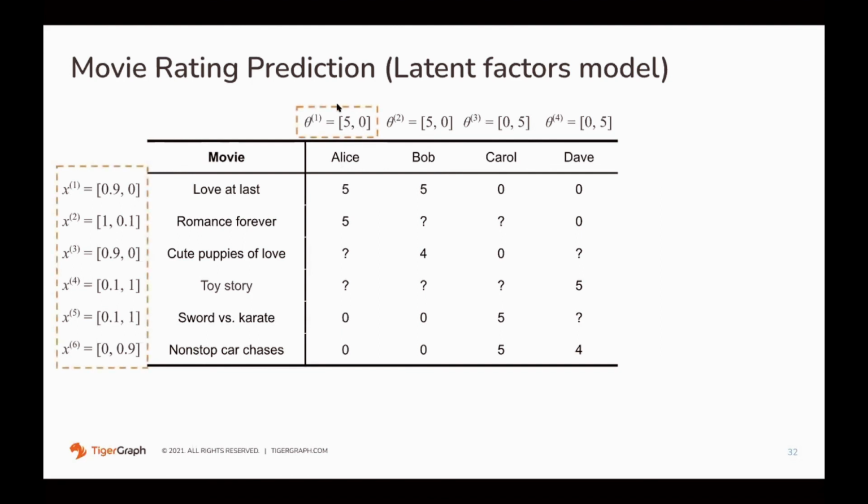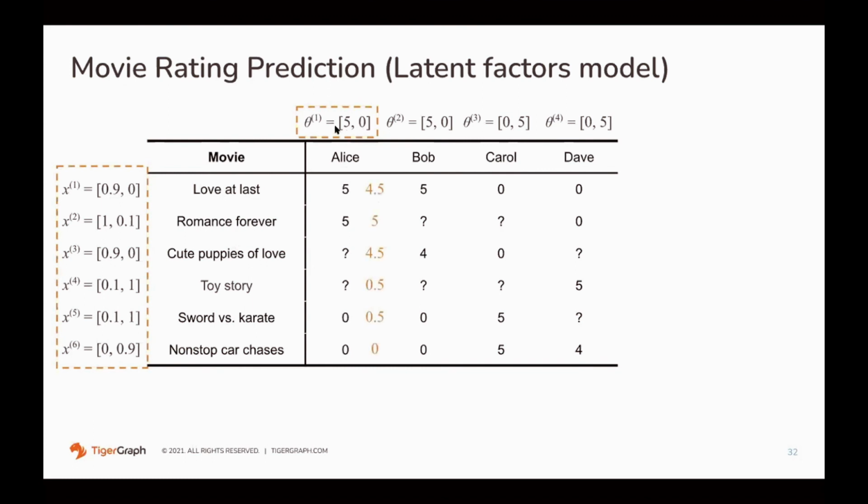When you do this latent factor model, you take the vector for a user and take a dot product with the vector for the movie, and the result of the dot product is our prediction value from the algorithm.